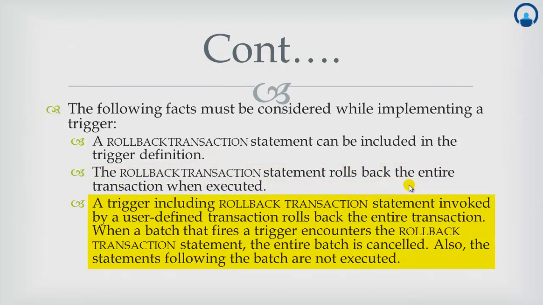A trigger including rollback transaction statement invoked by a user-defined transaction rolls back the entire transaction. When a batch that fires a trigger encounters the rollback transaction statement, the entire batch is cancelled. Also, the statements following the batch are not executed.